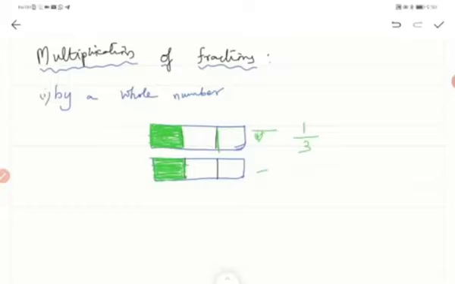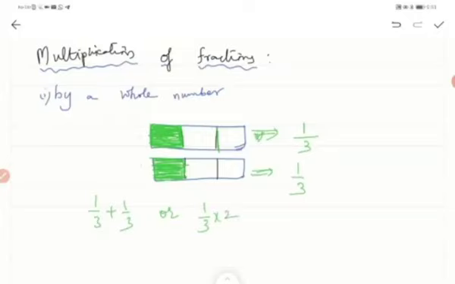So this is 1 by 3, and this is also 1 by 3. Now when you add these two together, you will take 1 by 3 plus 1 by 3, or you can write this as 1 by 3 into 2.